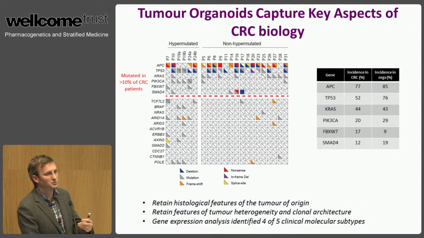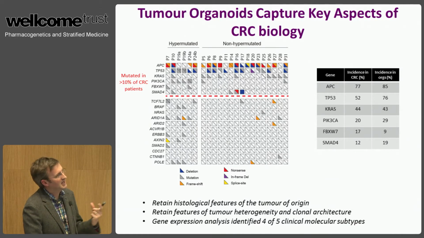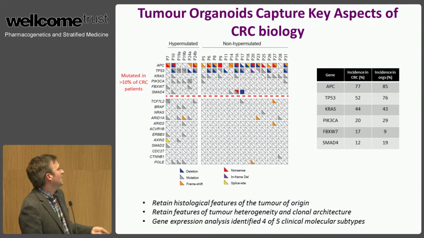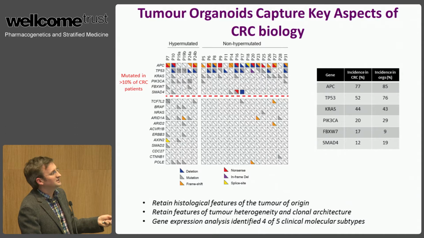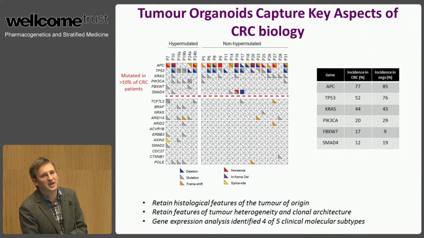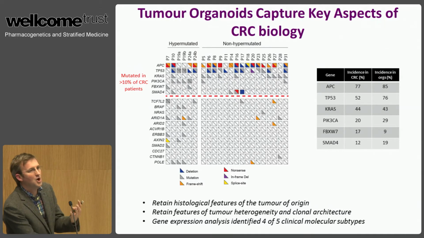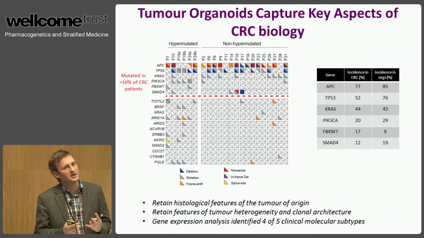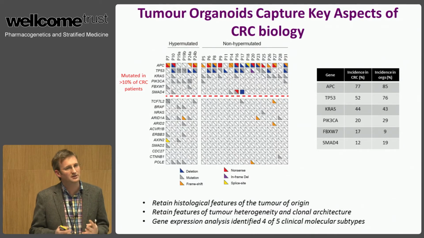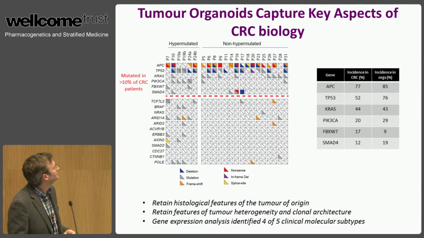Many of these tumors will have multiple subclones, and this clonal architecture is actually maintained in these models. And using gene expression analysis, we can identify the different molecular subtypes that were introduced again by Tim this morning. So in aggregate, it does seem like these models are doing quite a good job of really capturing the biology and the hallmarks of these colorectal tumors.